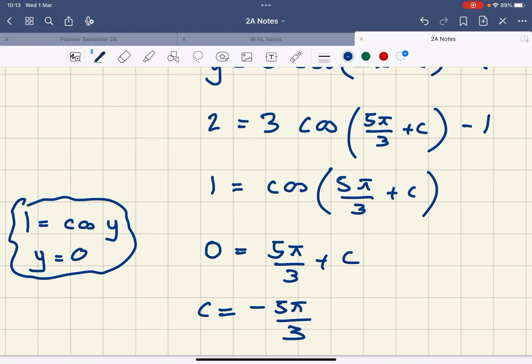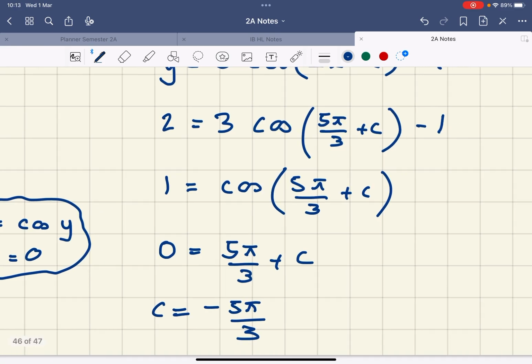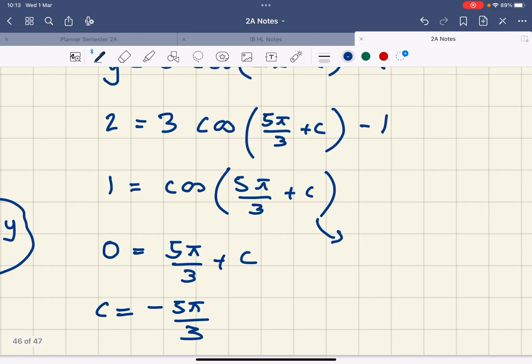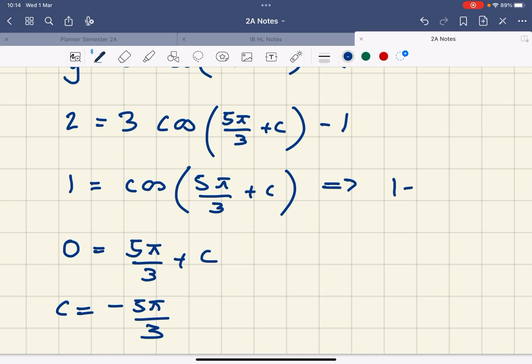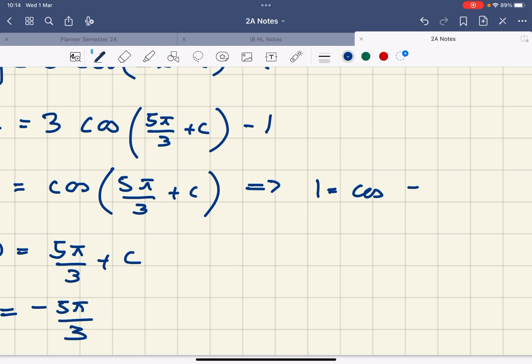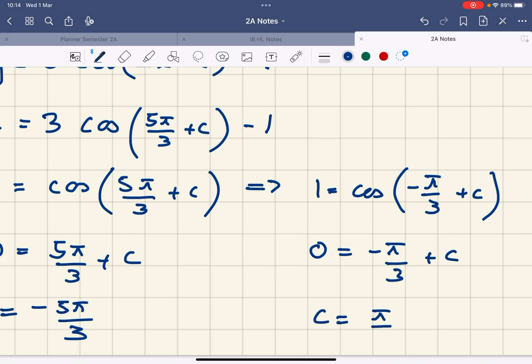However, some people like to keep that C as an equivalent of -5 pi over 3. Maybe it's a little bit more difficult to get in your head, but we could have had 1 equals cosine, and the equivalent of doing 5 pi over 3, I could also have done that as minus pi over 3. We'd have ended up in the same place. That's 0, and that's minus pi over 3 plus C. So we could have had C as pi over 3.